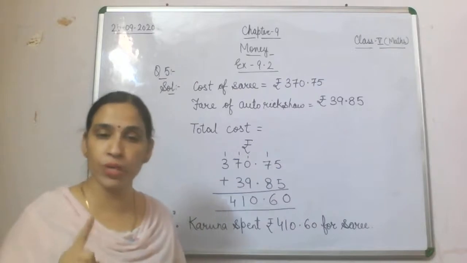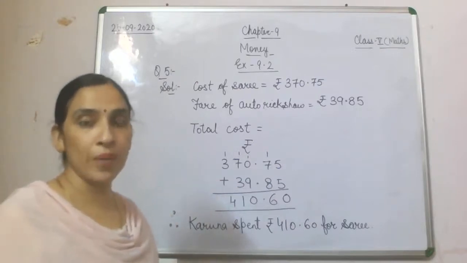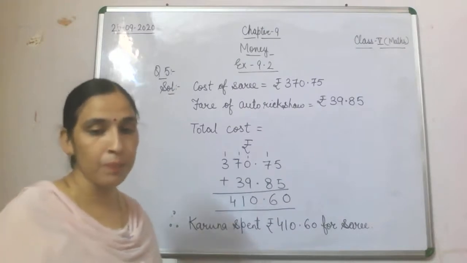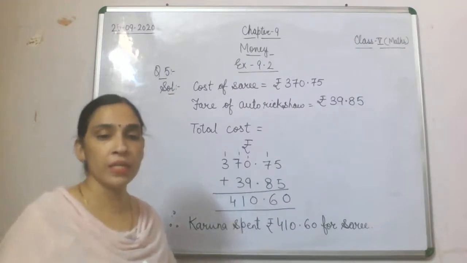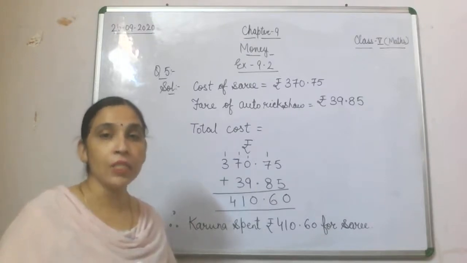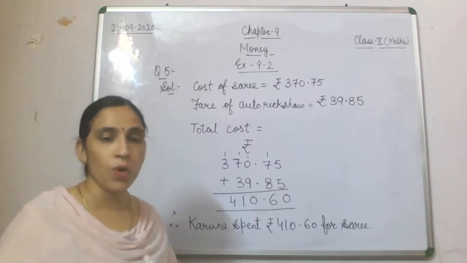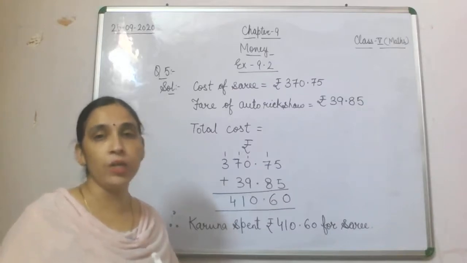Now we'll move to question number 6. Ritik bought a pen for rupees 80 and 90 paisa, a book for rupees 139 and 75 paisa, and spent rupees 65 and 85 paisa on lunch. What did he spend in all?